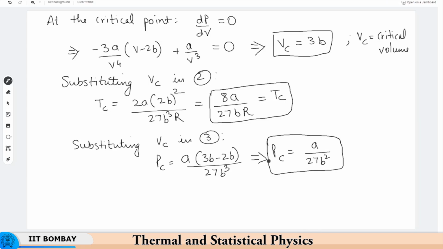So from the real gas equation, we have calculated the values of temperature, pressure, and volume at the critical point.